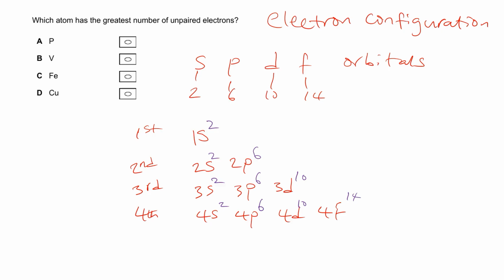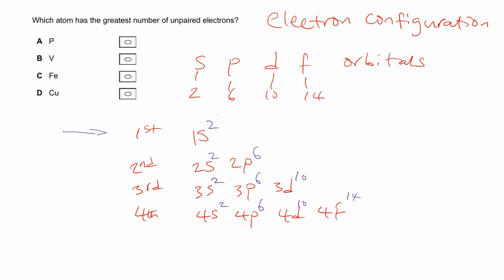Now there are rules involved in writing the electron configuration, and one of the rules says that the lowest energy levels are filled first. So you take the first energy level first, before you fill to the highest energy level. Basically, if you're going to write the electron configuration, you are going to write it this way.